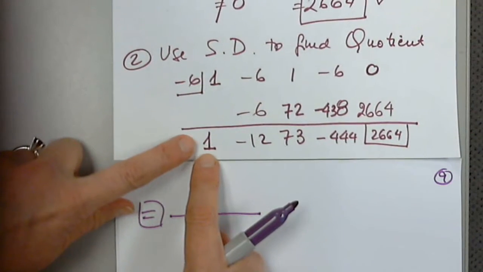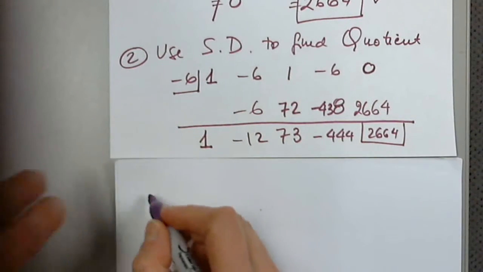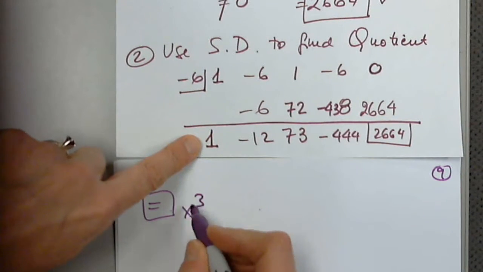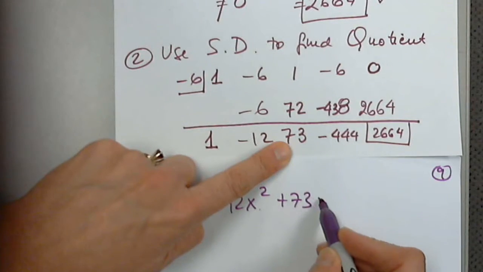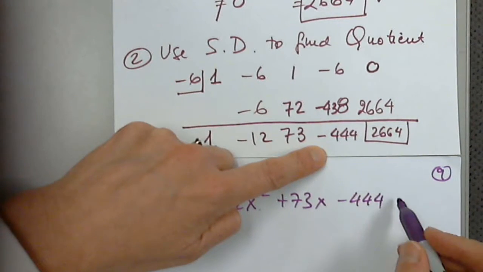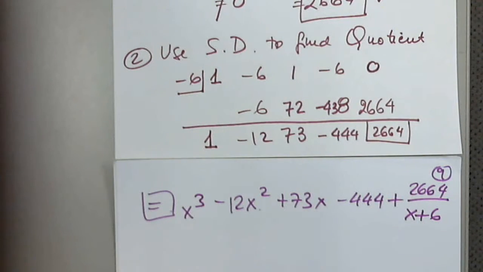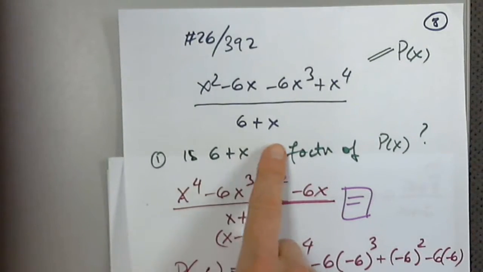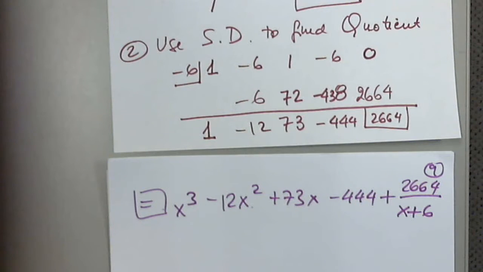What is this degree? 3. So p of x over x plus 6 equals x cubed minus 12x squared plus 73x minus 444 plus 2664 over x plus 6. That's how the remainder theorem works. But again, only if I have a situation in which the divisor is x plus or minus a number.